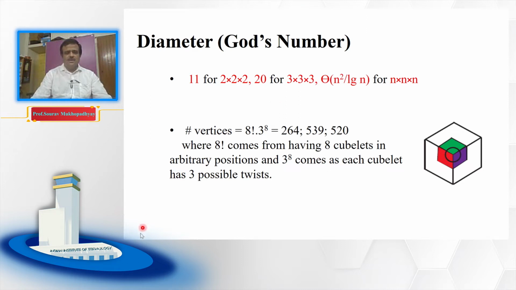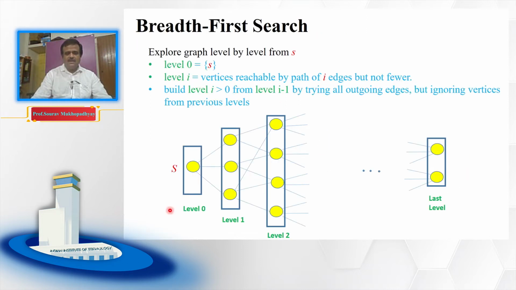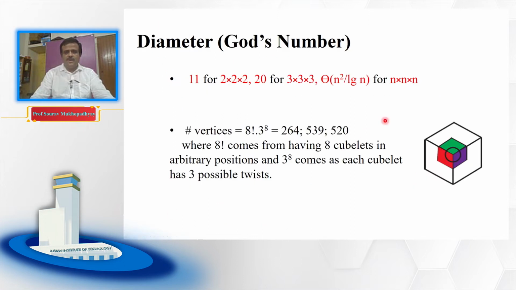So, for the 3 by 3 by 3 Rubik's cube, this length is called the God number, and it is 20. In general, there is a result for the n by n by n Rubik's cube: this is bounded by n squared by log n.